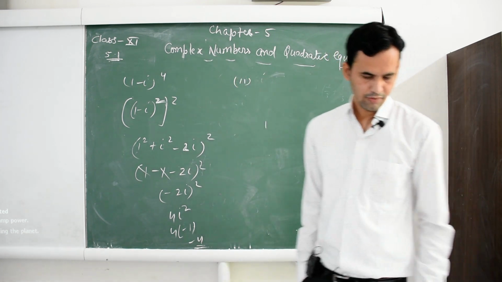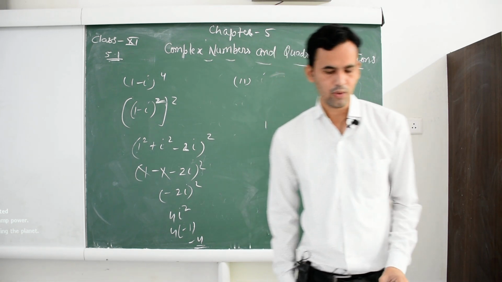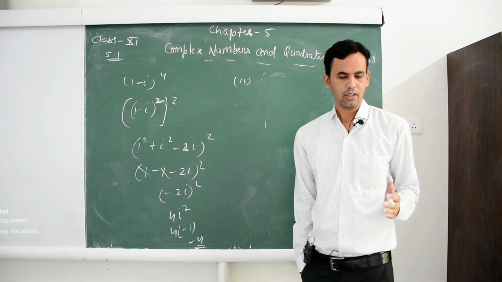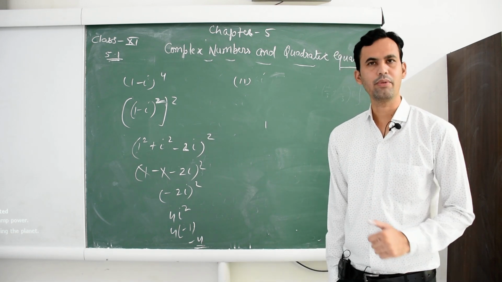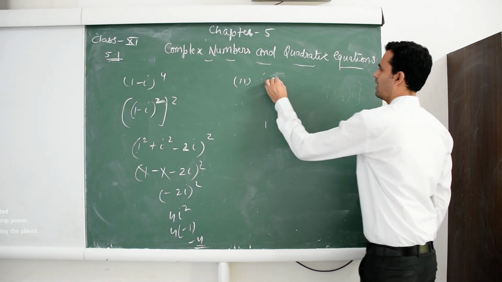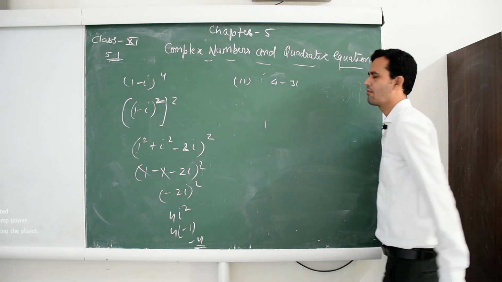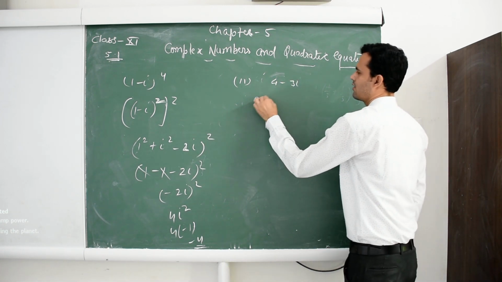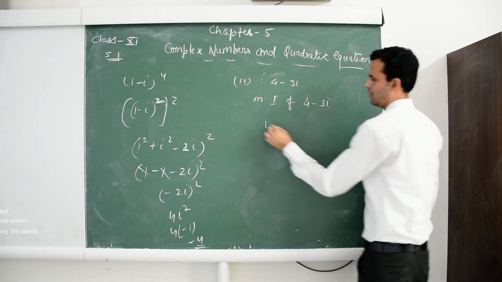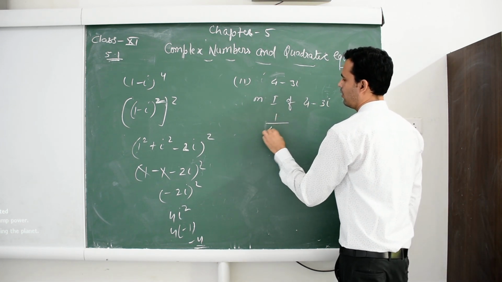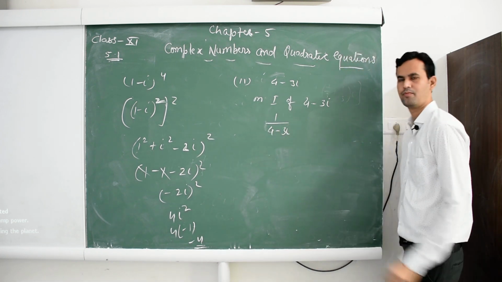Now question number 11. From 11 to 13 means 11, 12 and 13 are the same. In these questions we have to find the multiplicative inverse of each of the complex numbers. So question number 11 is 4 minus 3i. Multiplicative inverse of 4 minus 3i is 1 upon 4 minus 3i.